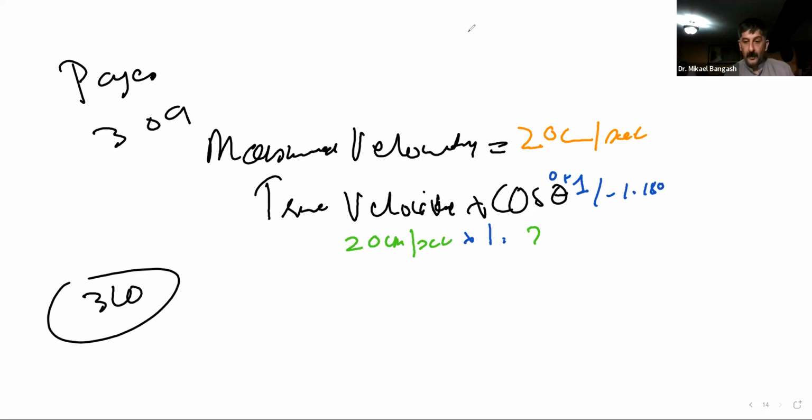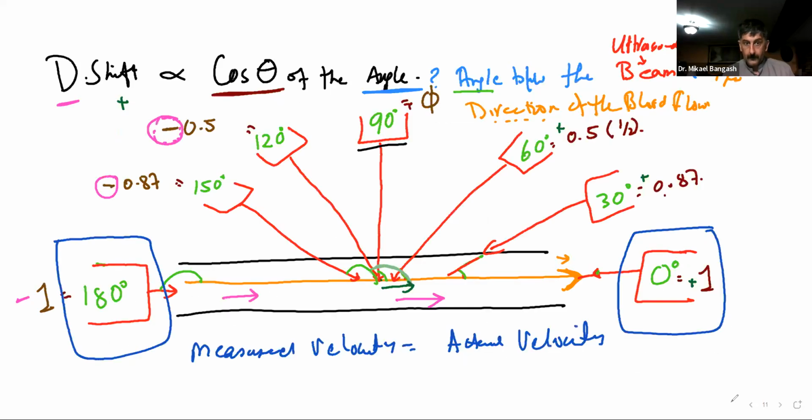What did that negative Doppler shift mean? It just meant that the direction in which the blood was flowing was away from the angle from which we were scanning, right?